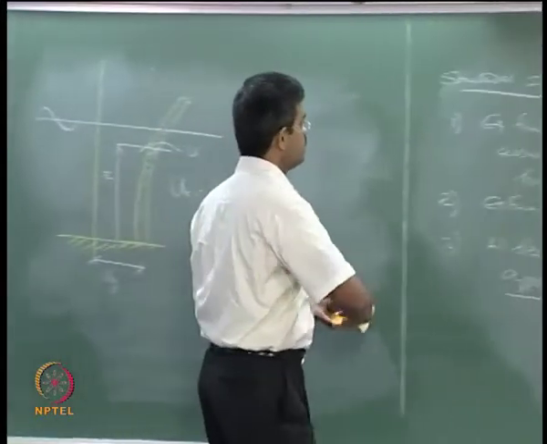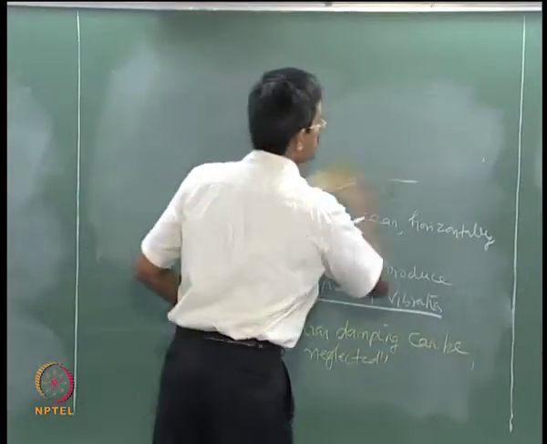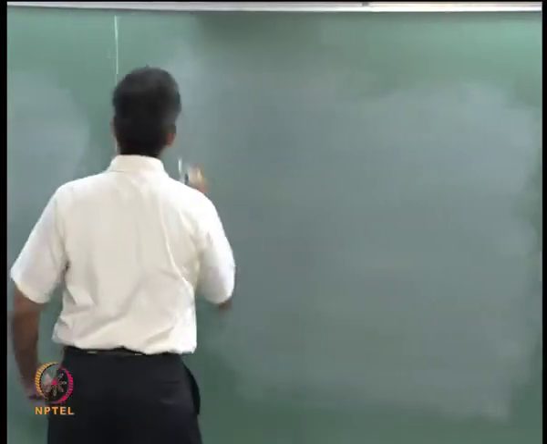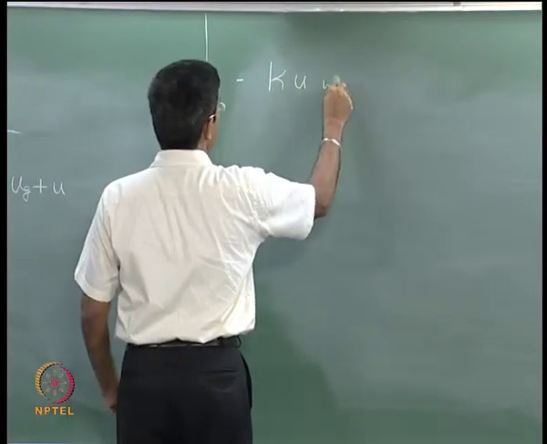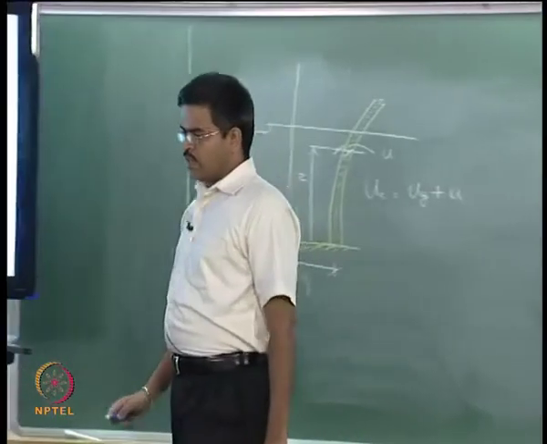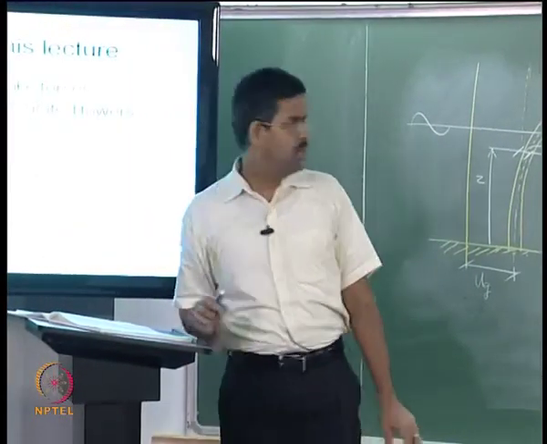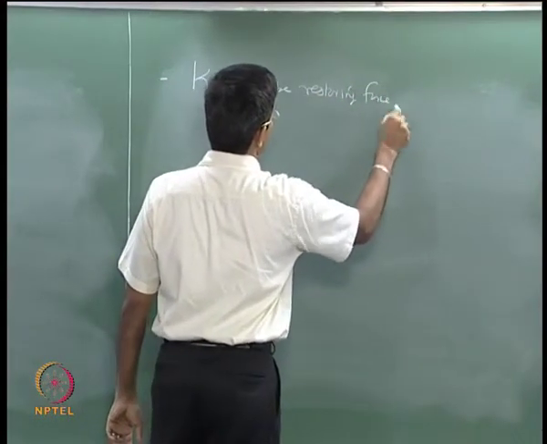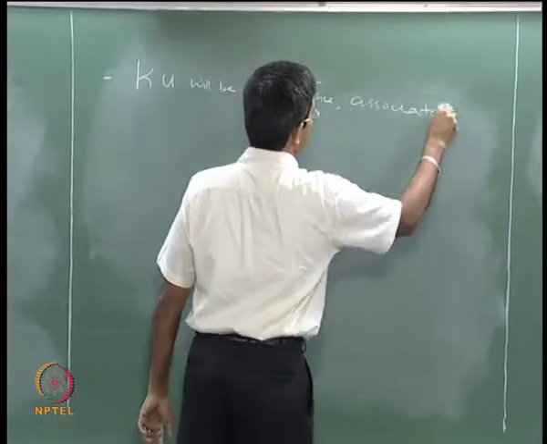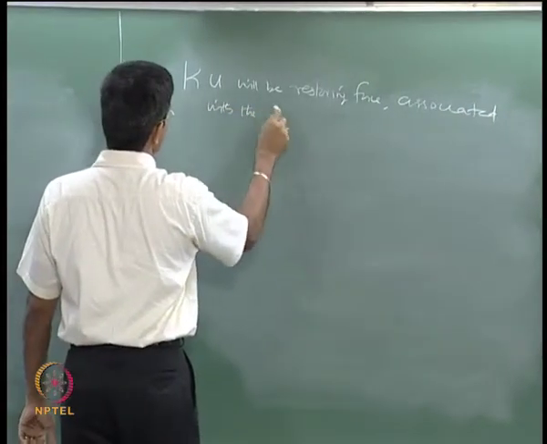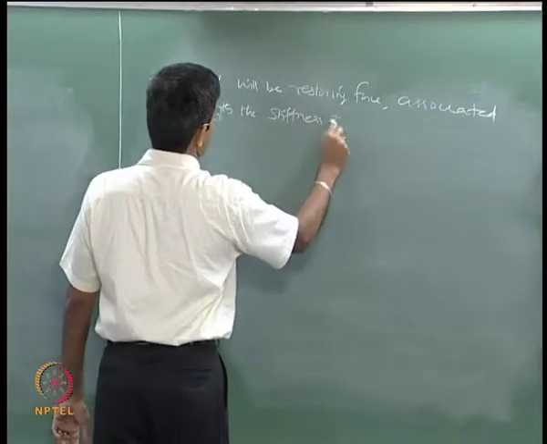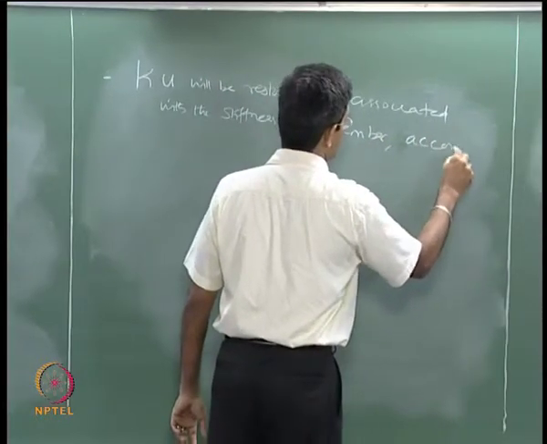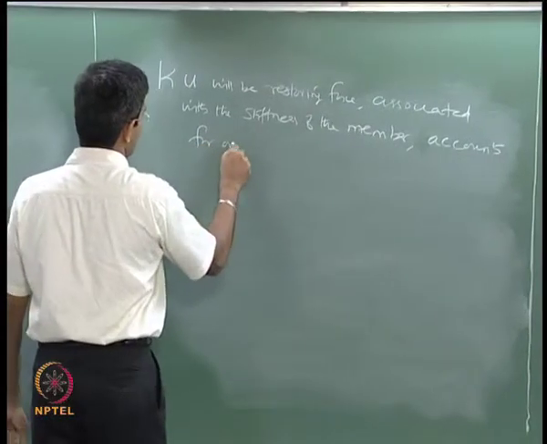Now, interestingly, Ku will be the restoring force associated with the stiffness of the member, which accounts for only u.